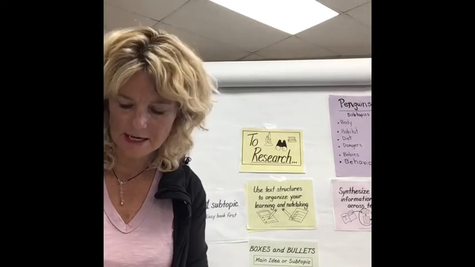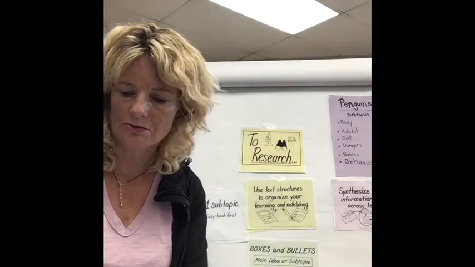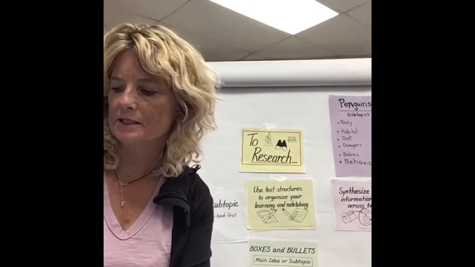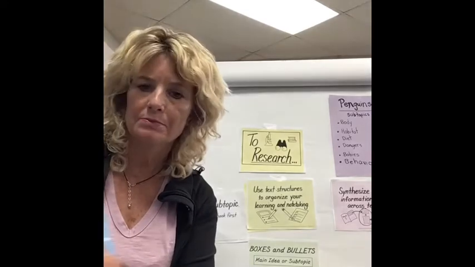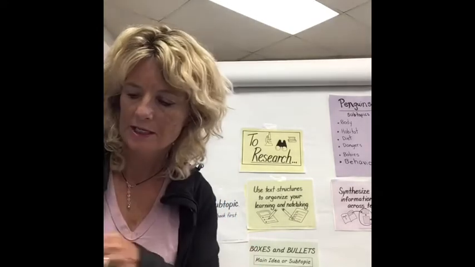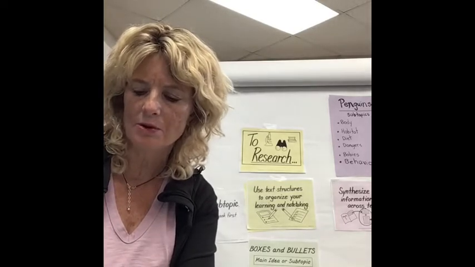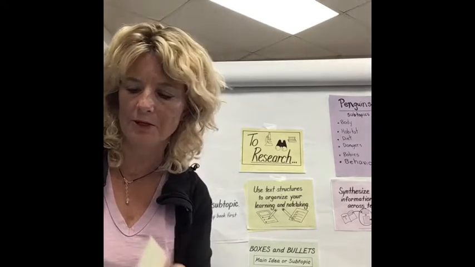And the first thing I'd like you to do is turn to the blue page. It is the second blue page, and at the top it says Main Ideas and Supporting Details Summary.